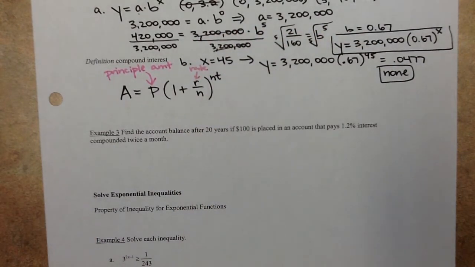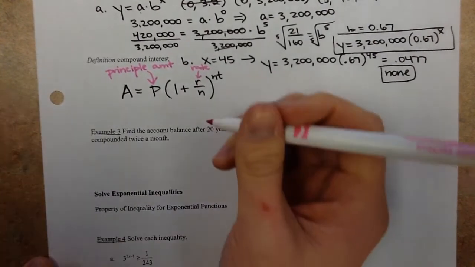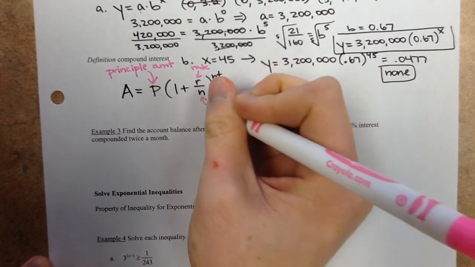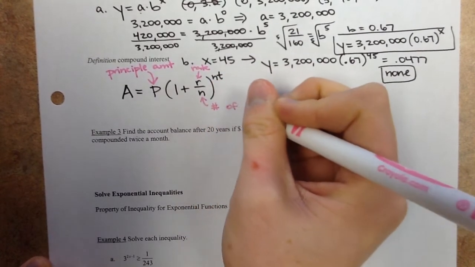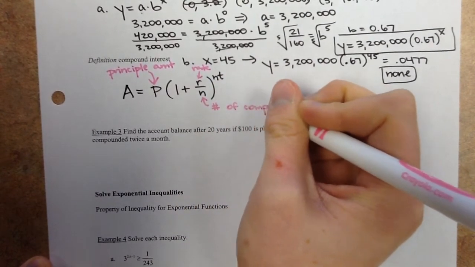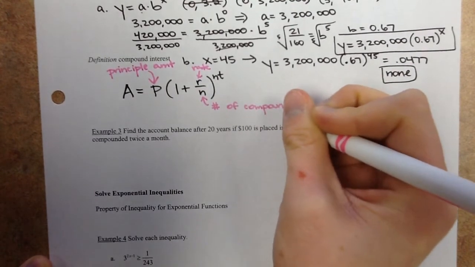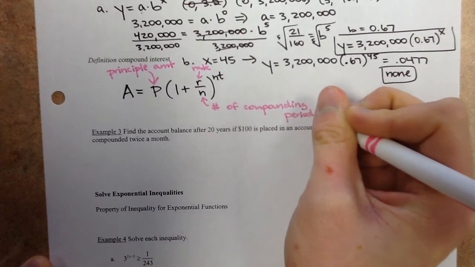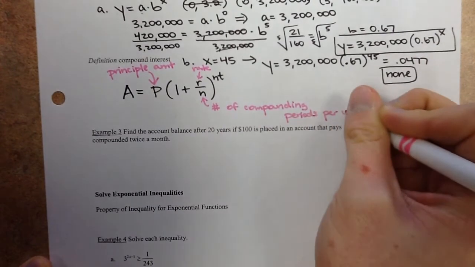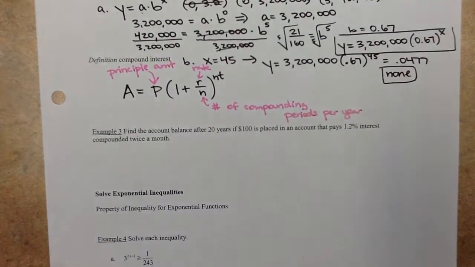If you're at a 6% interest rate, you'd use 0.06 for the rate. N is the number of compounding periods per year.